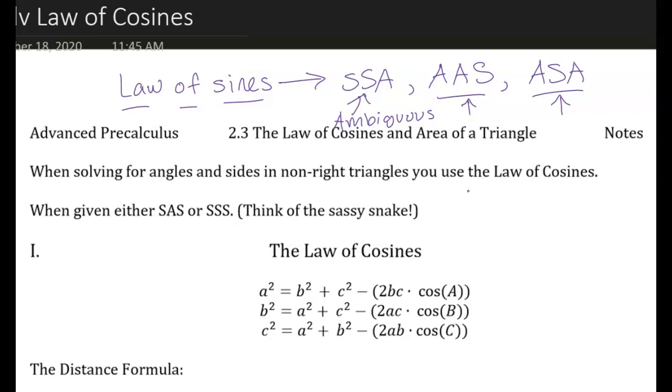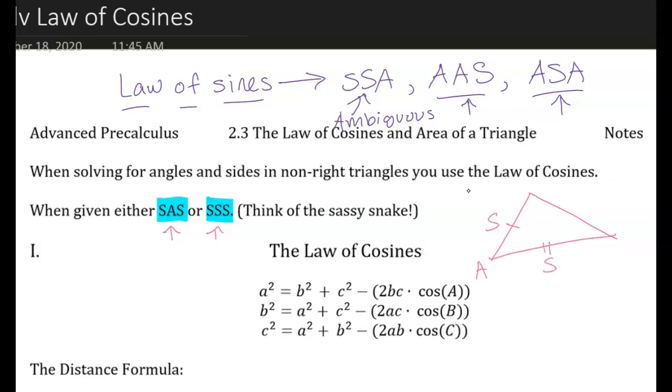Today, if they instead give us side angle side or side side side, you can instead apply law of cosine. If we tried to apply law of sines to these two, it would not work. We couldn't do it. Now, side angle side is when you have an angle and a side and a side.